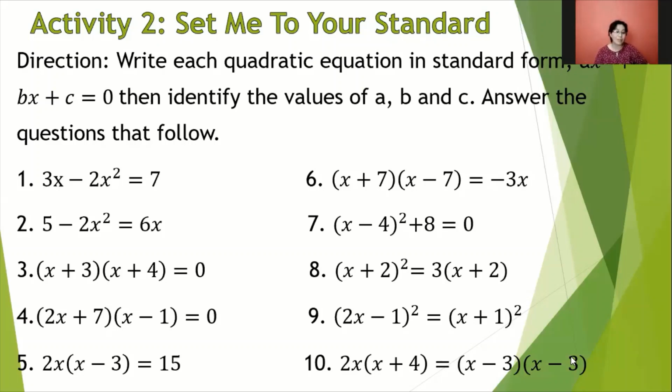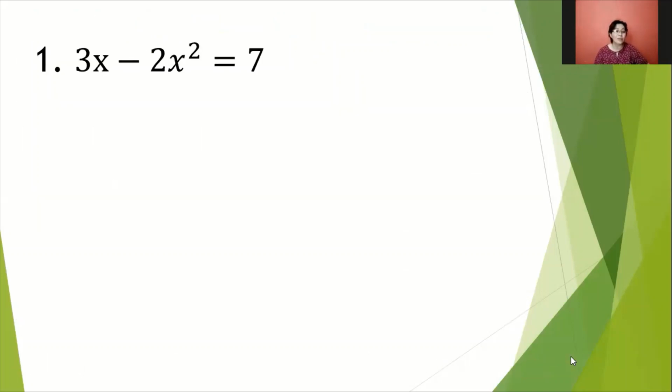Okay, let us continue. For number 1, we have 3x minus 2x squared is equal to 7. Is this a quadratic equation? Yes, this is a quadratic equation because one term is expressed in the 2nd degree.